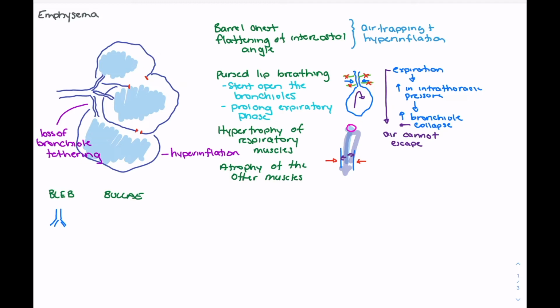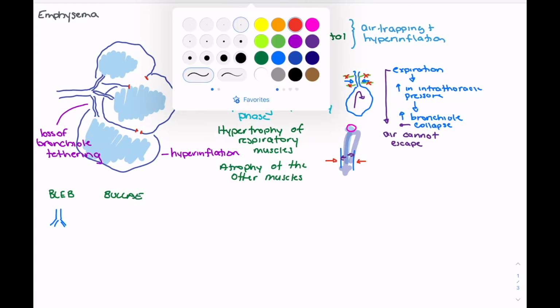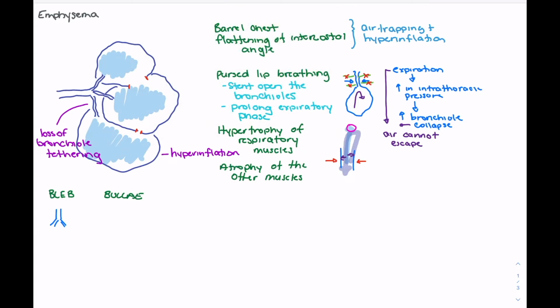So as the alveolar wall gets really hyperinflated, picture an elastic band being extended, the integrity of that tissue is going to be impaired. As a result, we can start destroying that tissue, and I get these pockets of air, or communications between my alveoli that allow air pockets to form. A bleb is when the patient has a pocket of air on the outside of the lung.